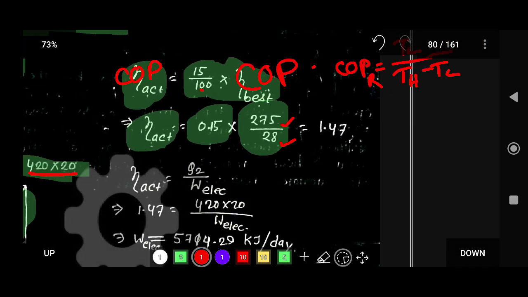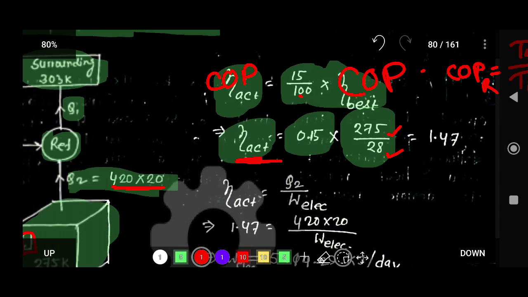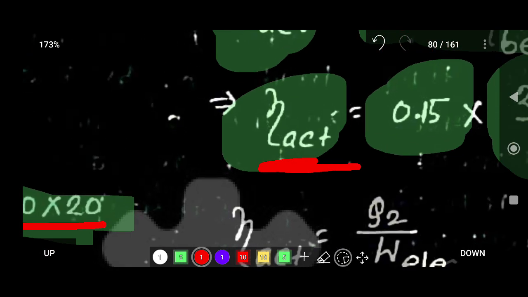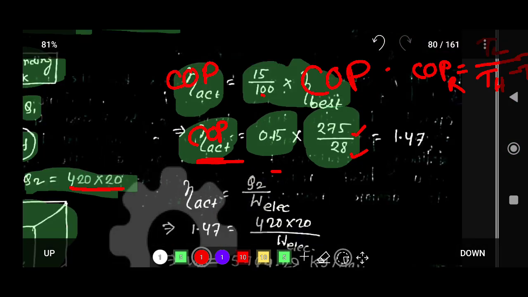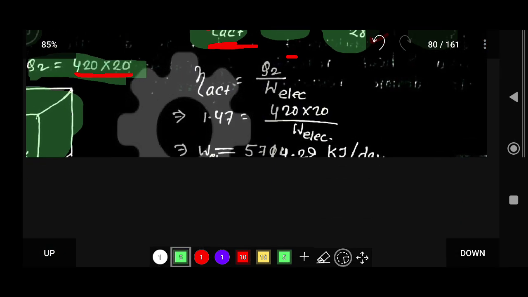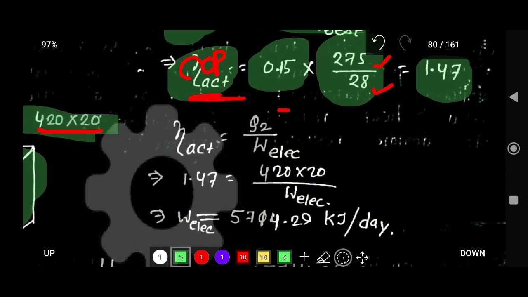From here you can get the best COP, and then the actual COP is equal to 1.47.